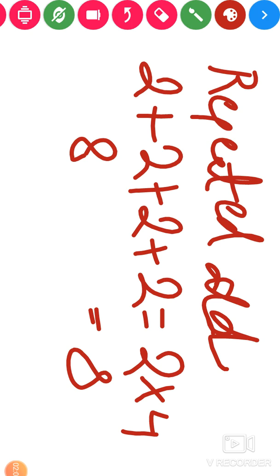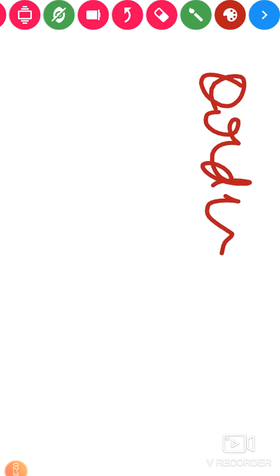Now, second thing. Let us revise properties of multiplication. Which is the first property of multiplication? The first property of multiplication is the order property. Order property states that even if we change the order of the given numbers, our answer will remain the same.